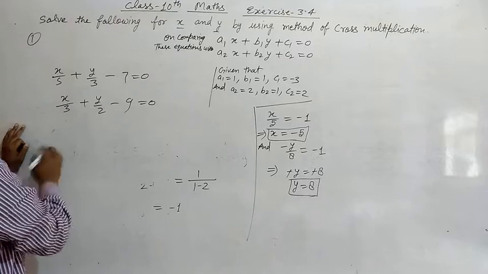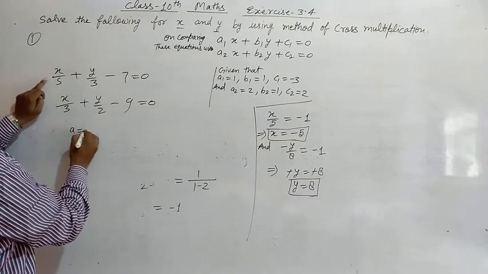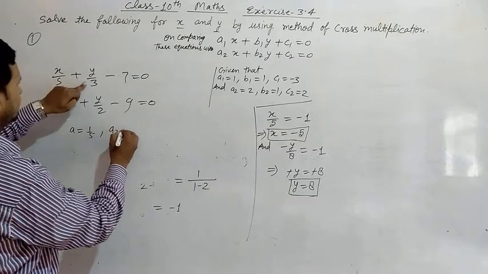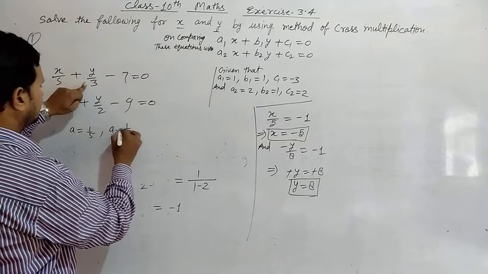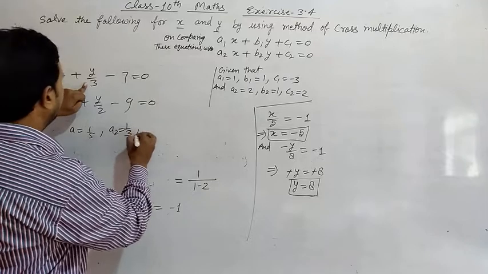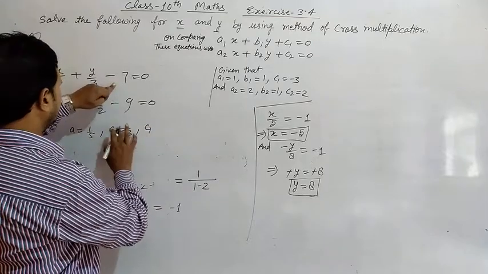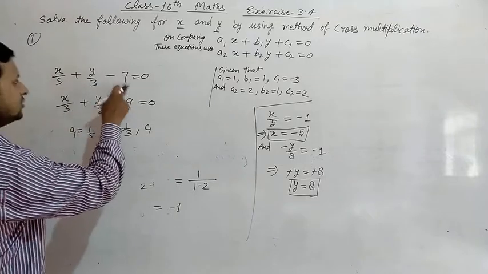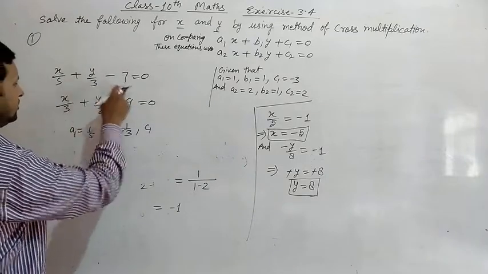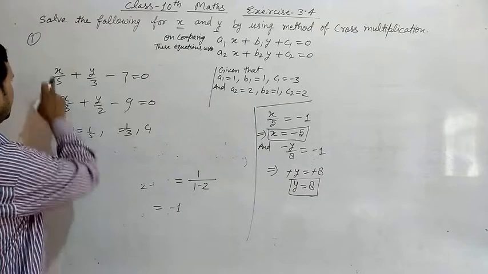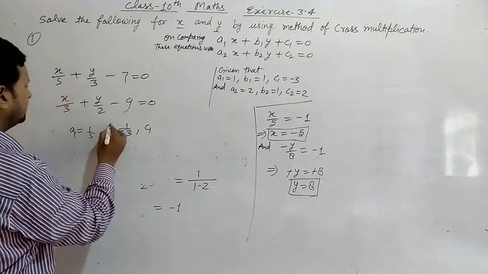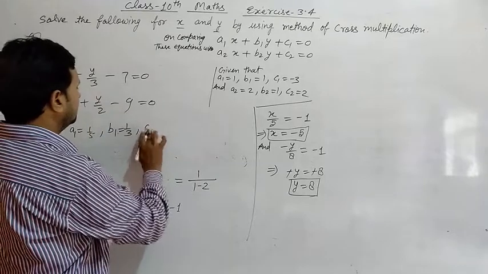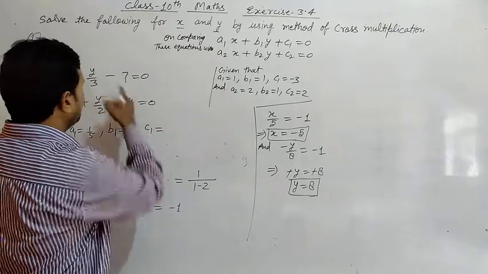Now we compare here, a1 is 1 upon 5 given, a2 is given here 1 upon 3. This is a1, this is b1, this is c1. a1 is 1 upon 5, b1 is 1 upon 3, and c1 is minus 7.